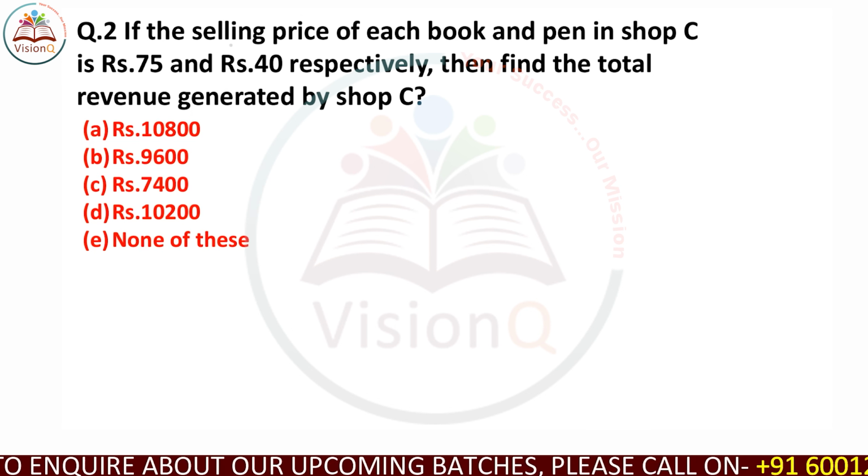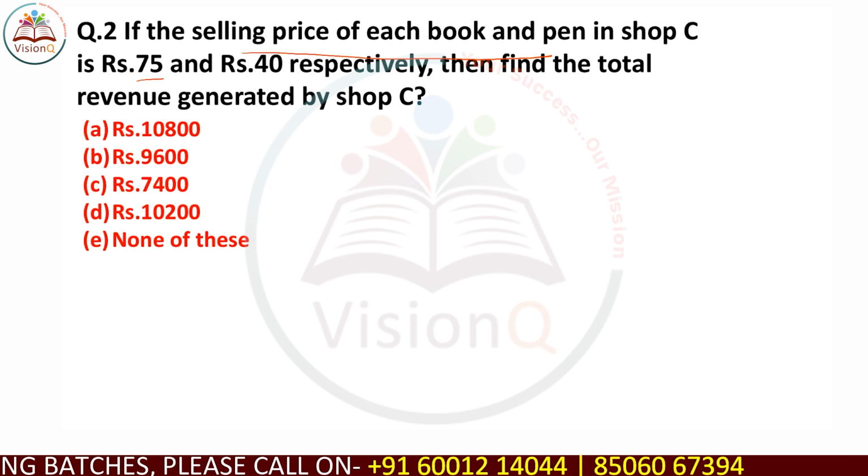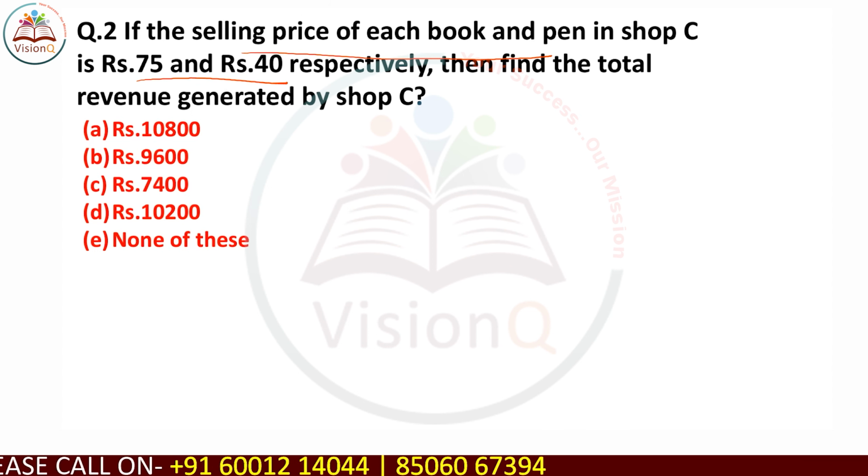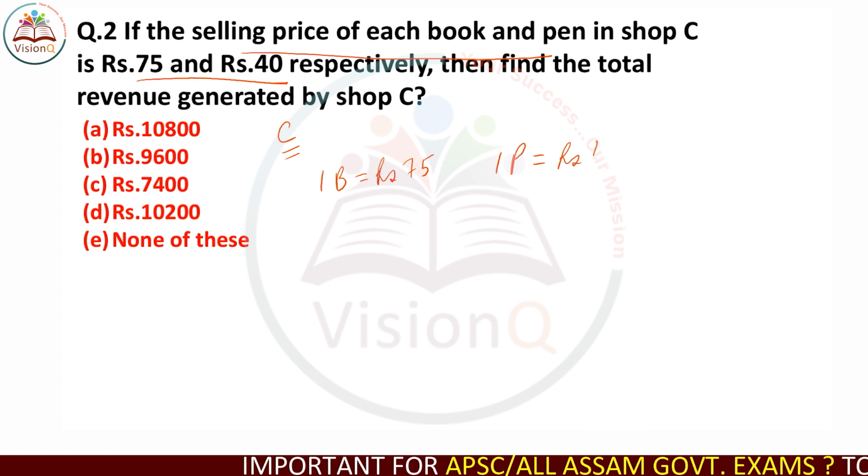It is given that the selling price of each book and pen in shop C is 75 and 40 respectively. That means in case of shop C, the selling price of one book is rupees 75 and the selling price of one pen is rupees 40.